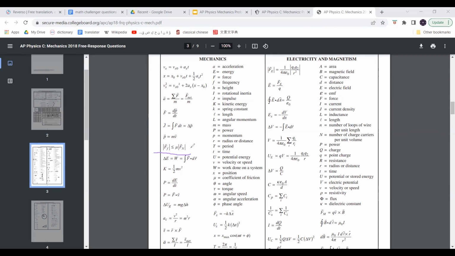This equation is stating that the maximum amount of friction you can have is your friction coefficient times your normal force. So this little f stands for friction, and this big N stands for normal force.